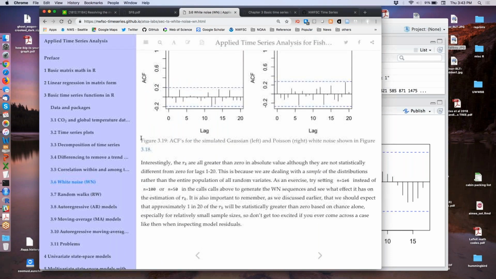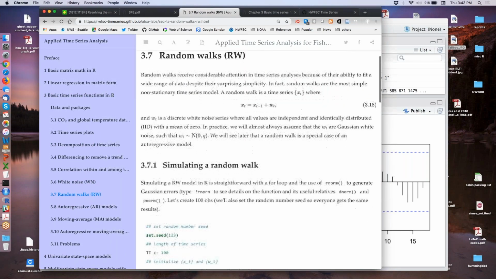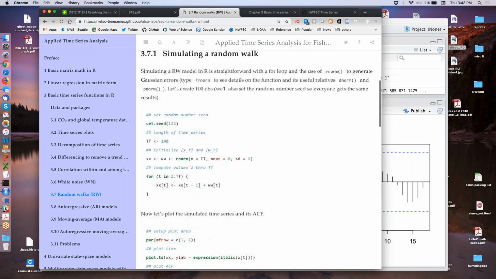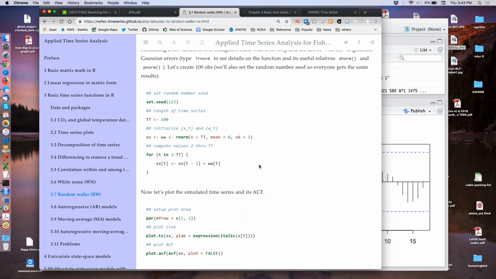All right, let's see. So that was it. And then this is the last little bit, because we'll do the autoregressive stuff on Tuesday. So random walks, again, this is really pretty easy to do. Here's the formula for a random walk. Today is yesterday plus some error term. So all I do here is initialize two vectors, X and W. I start them both with some random normal deviates only because I need to initialize this.